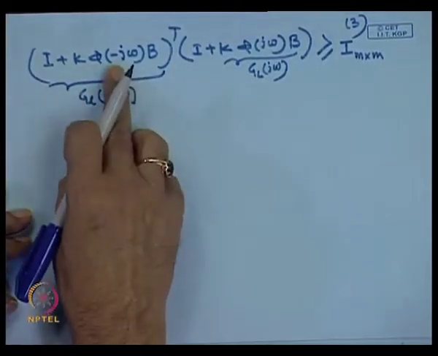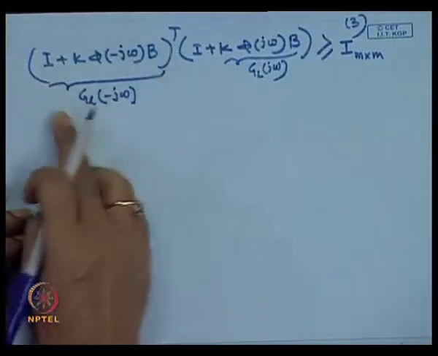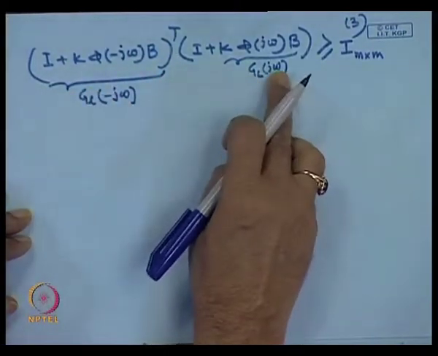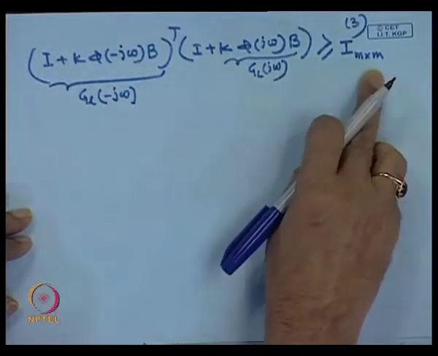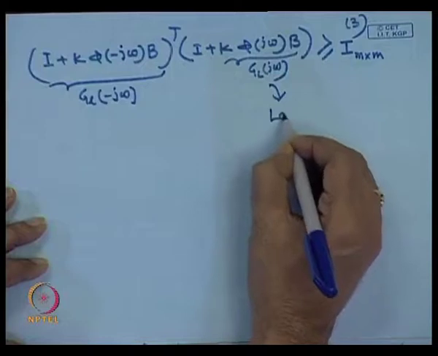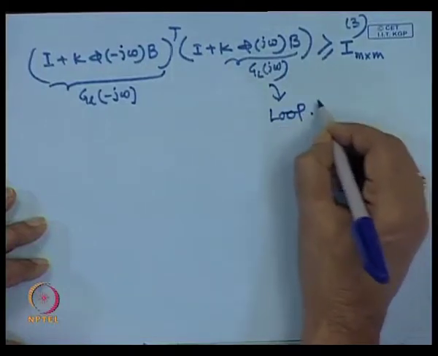That means we have L transpose into L, the loop gain, greater than or equal to the identity matrix. So, this is nothing but the loop transfer function.